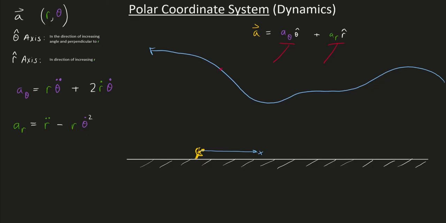If my particle is here at the moment, my r-axis will be radially outwards. My theta axis will be perpendicular to that r. And for whatever reason, let's say we knew that our acceleration was this way. It's kind of annoying because we can look at a path, at an object moving, and we can know where its velocity vector is, but acceleration is not as intuitive.